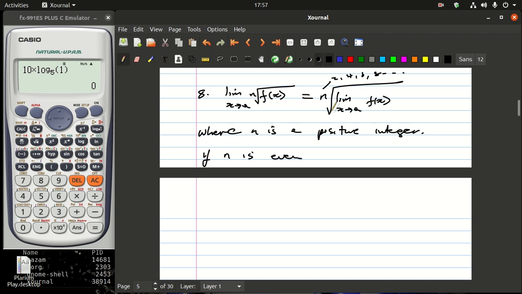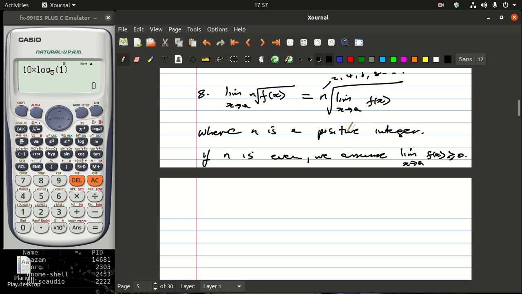We know that the square root, or the fourth root, is only defined when what is inside is non-negative. So if n is even, we assume in this rule that the limit as x approaches a of f of x is greater than or equal to 0. That's what is important here.